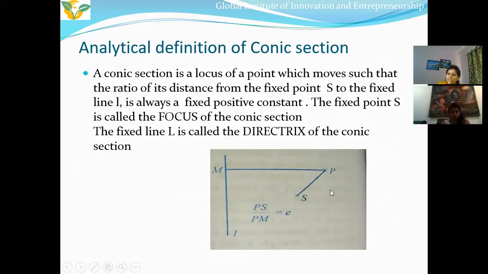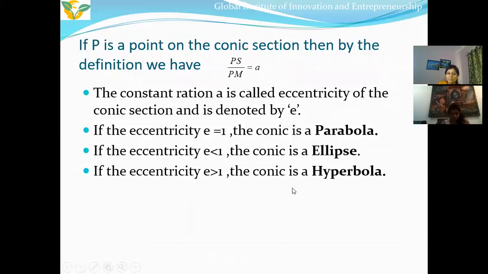For that, we are going to take any point on a plane. That point we are naming P. So the distance from the fixed point, that is PS, divided by PM is equal to a fixed constant. You can name it E, you can name it B, you can name it A, for that matter, anything of your choice.